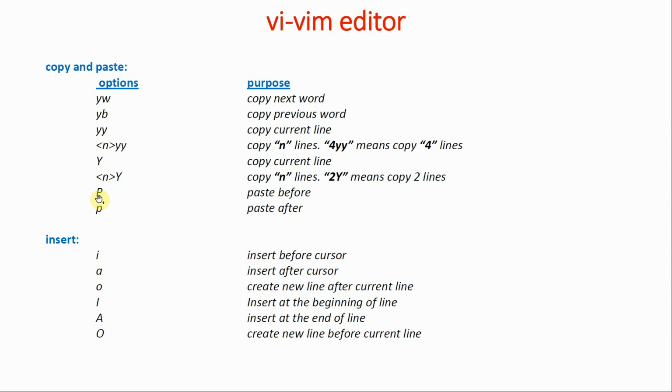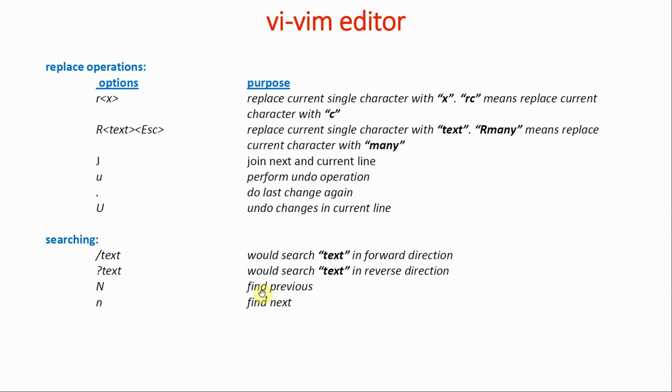Capital P, paste before, small p, paste after. I, insert before cursor. A, insert after cursor. O, create new line after current line. Capital I, insert at the beginning of line. Capital A, insert at the end of line. Capital O, create new line before. These are the main options, and these are for searching, and you can replace the text also.